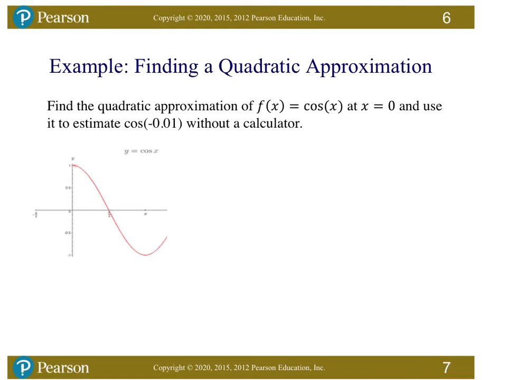Okay, so let's put ourselves at a different spot on cosine. Let's find a quadratic approximation on cosine at 0, and then we're going to use it to estimate cosine of negative 0.1.